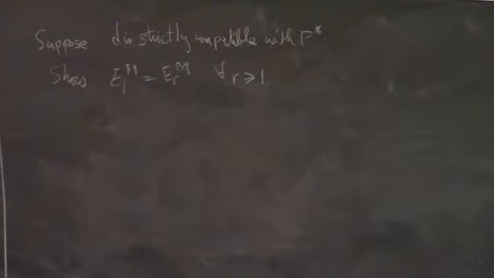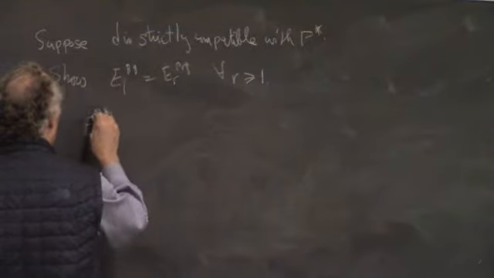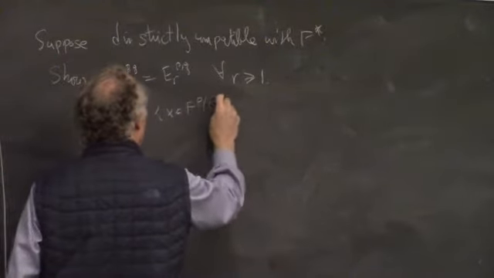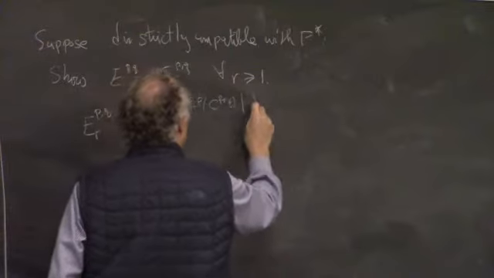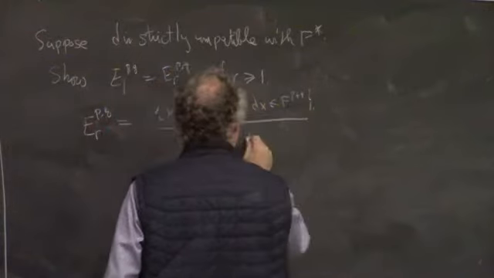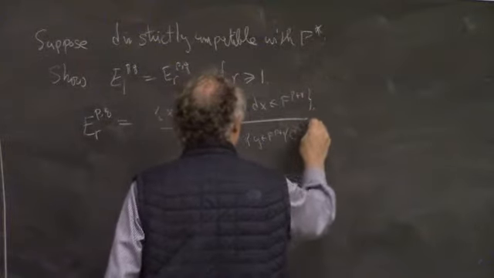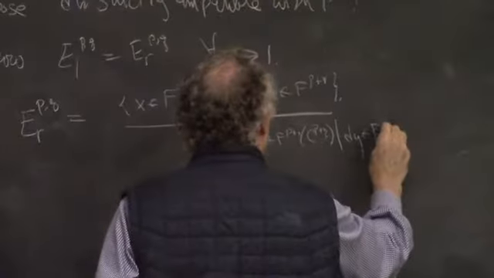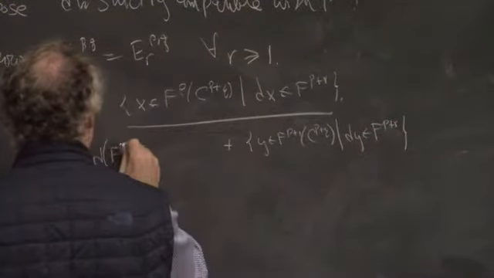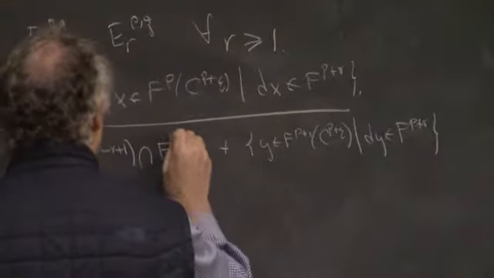Well, let's just write down ERPQ and use the strictness to simplify it. So ERPQ is X in FP of CP plus Q, such that DX is in FP plus R, over Y in FP plus 1 plus Q such that DY is in FP plus R, plus D of FP minus R plus 1 intersect FP.